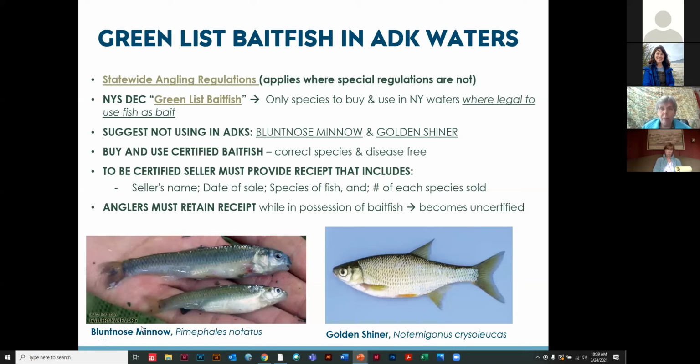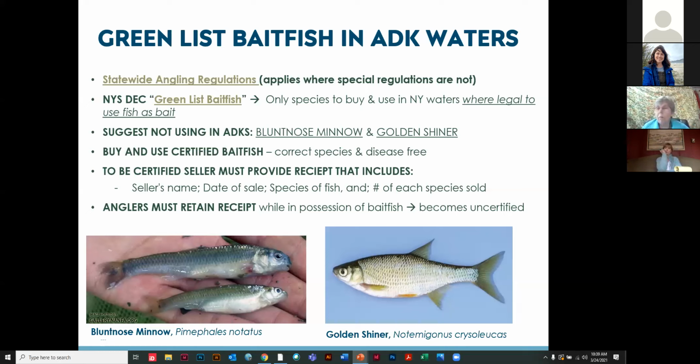They are the blunt-nosed minnow and the golden shiner. Golden shiner is one of the most popular live bait fishes that you can find. So again, we recommend not using those in the Adirondacks. Outside of the Adirondacks, they are on the New York State green list of live bait fish that are okay to use if you're using it certified.